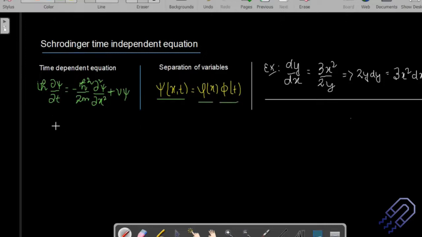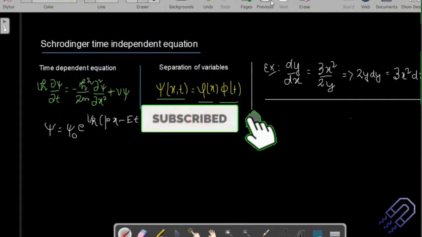Also, we have seen in the last class that we can usually write the wave function as psi is equal to psi naught e to the power i by h cross into (px minus Et).